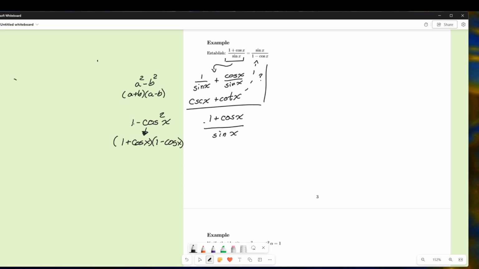So we've got 1 squared, if you want to think of it that way, minus cosine squared. It's a difference of squares, and it would factor into these pieces. So we have one of those pieces. If we want to build a Pythagorean identity, we can multiply by the other. You might remember the vocabulary: these are conjugate pairs.